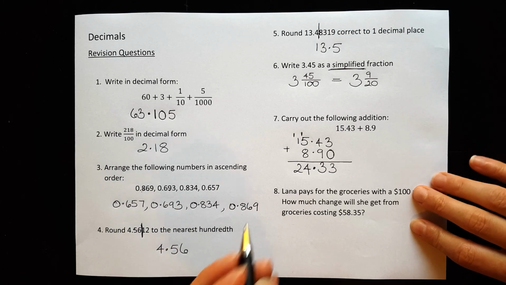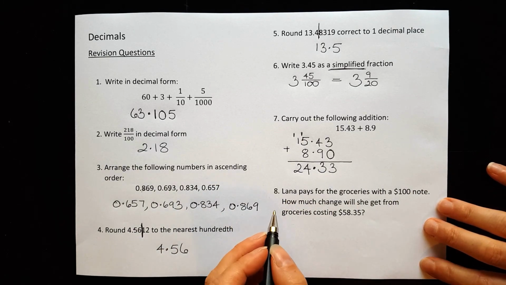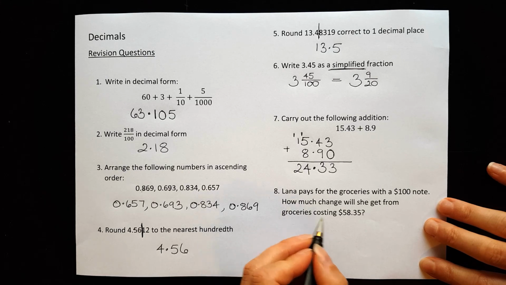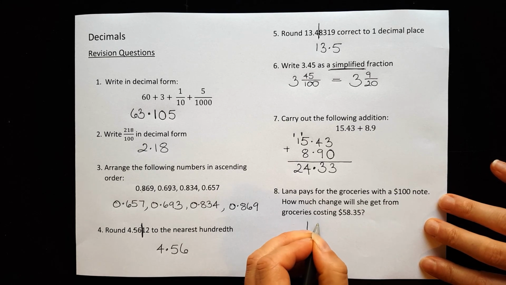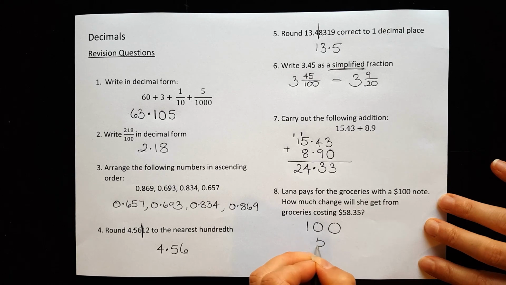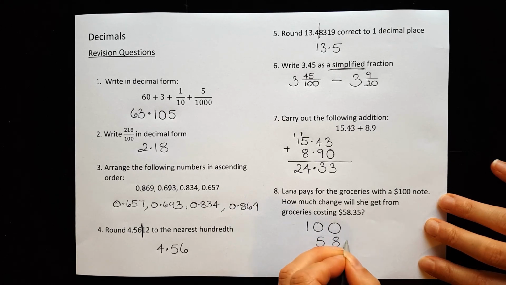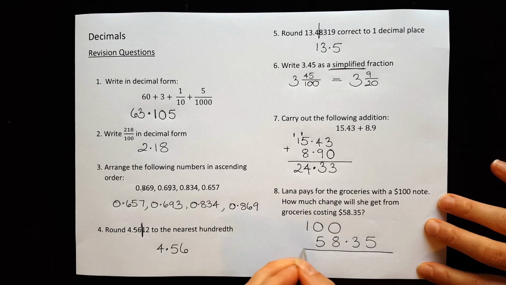All right, on to question 8. Lana pays for the groceries with a $100 note. How much change will she get from groceries costing $58.35? So we need to subtract. She has $100. If we subtract off the $58.35 that she has to pay, we know how much she'll get as change.